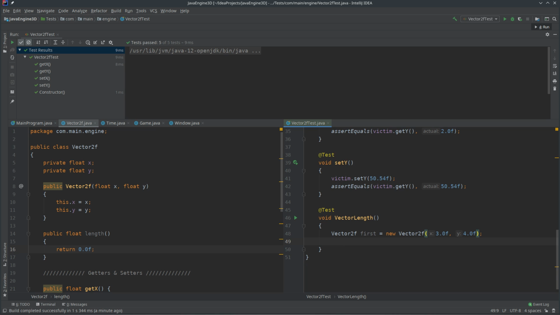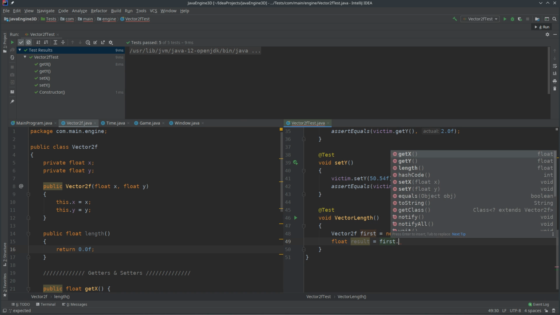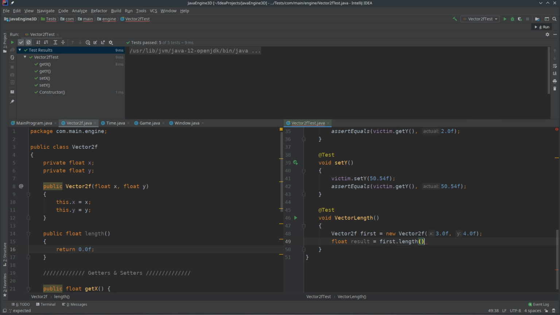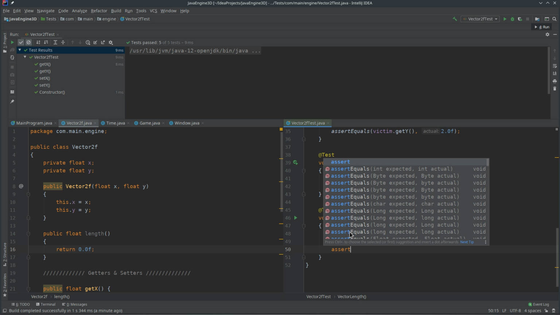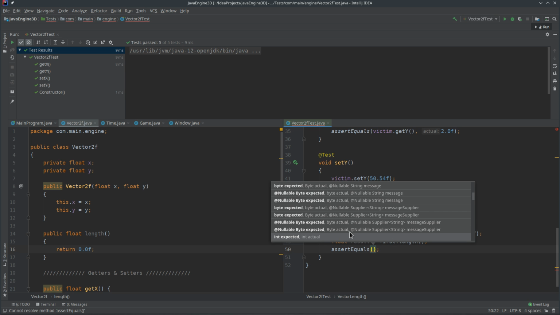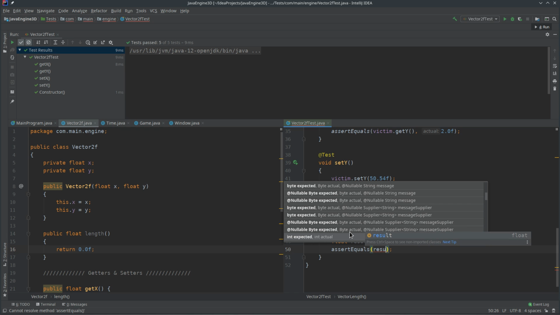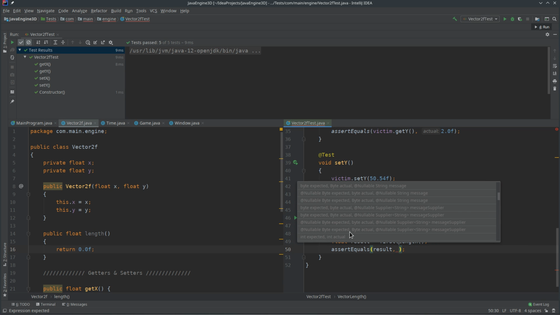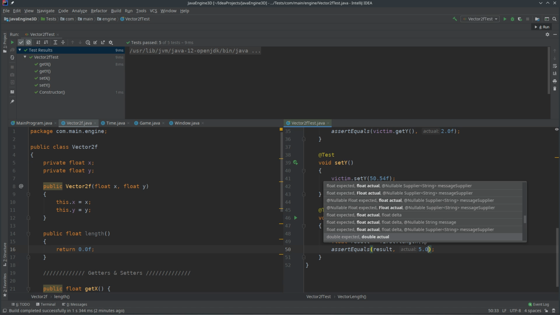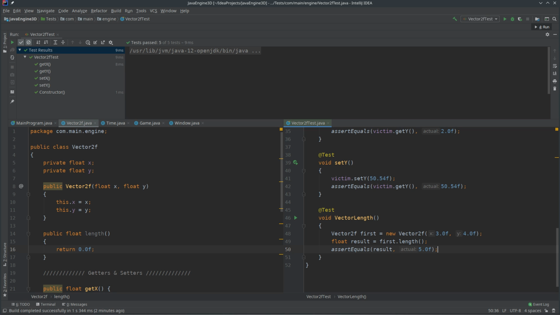So if we now do float result equals first dot length, what result should we get? So assert equals, and the answer is result. So let's calculate it out, a bit of maths, 5.0f. I know that's the result for a 3, 4, 5 triangle. So that's our length.